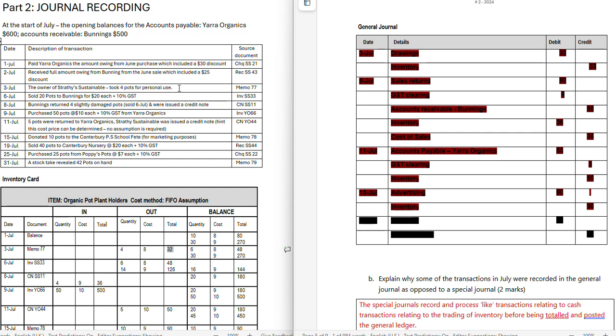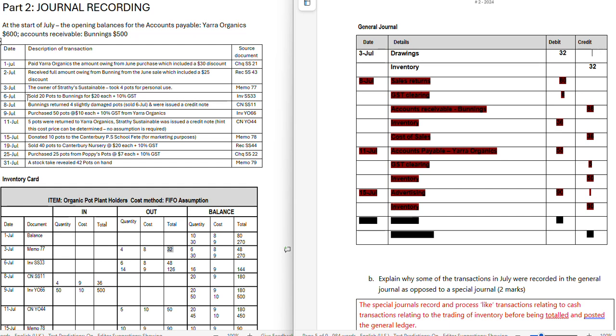So drawings is negative owner's equity. It reduces owner's equity, and when owner's equity goes down, that's a debit entry. So let's have a look at what that looks like on the right here in our GJ. A debit to drawings and a credit to inventory. Both of those decrease OE and assets respectively.